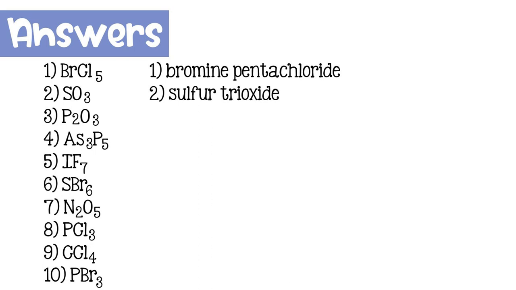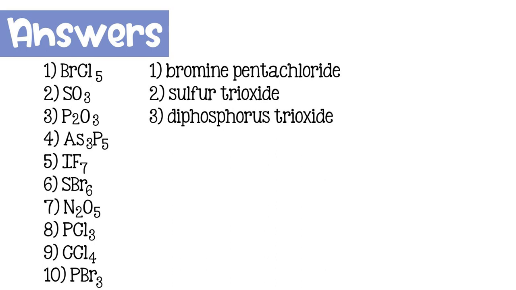For number 3, we have P2O3, so we have 2 phosphorus or diphosphorus, and then we have 3 oxygens or trioxide. Now, look at number 4, As3P5. So As is arsenic. There are 3 of them, so we use tri.